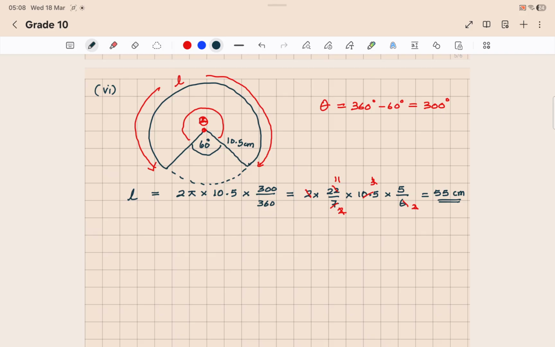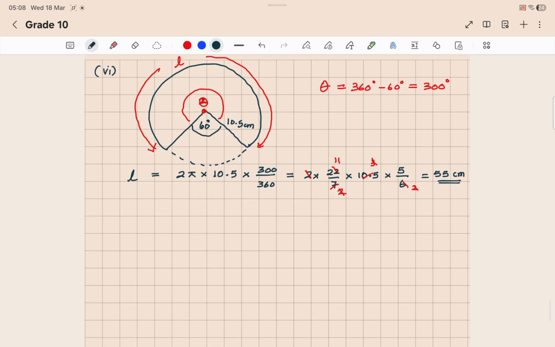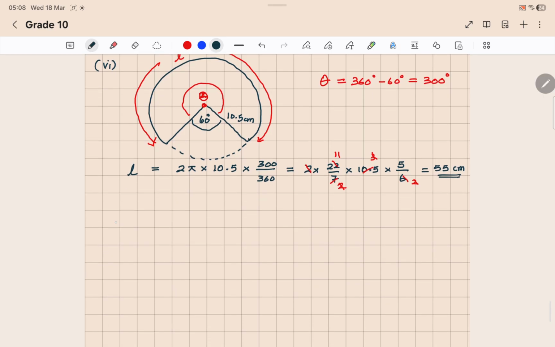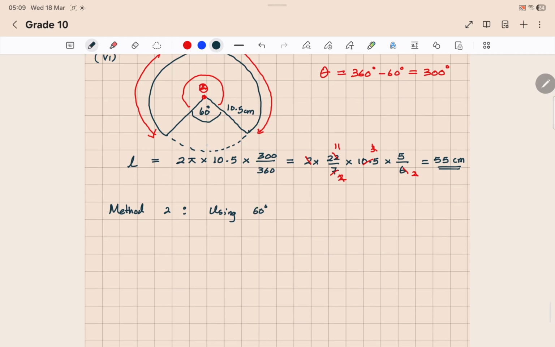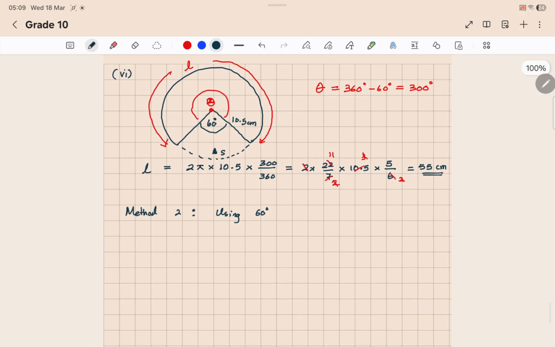Okay, so you can do this question using 60 degrees also, but I don't recommend that method, but I will show you that method also. So method 2, using 60 degrees. I'm going to find this small length. Let me label that small length with a different letter, S. We'll find S first.